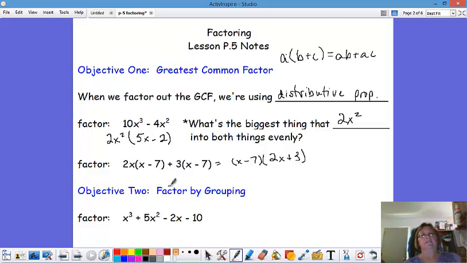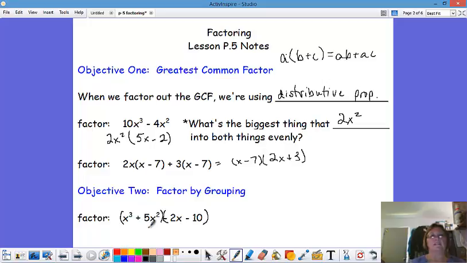Our next type is factoring by grouping. This one may not seem as familiar to you. However, we're going to apply the same concept that we just did, drawing out a greatest common factor, but we're going to do it twice. We're going to take this thing and set it up into two groups and look for the greatest common factor here. Okay?